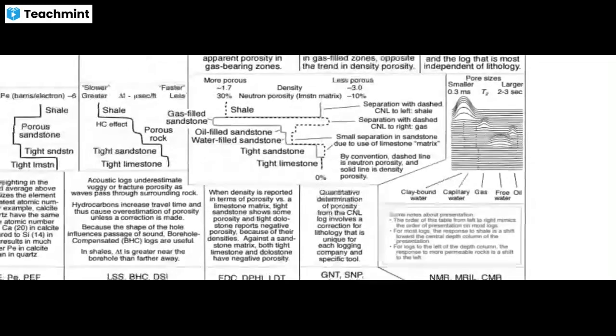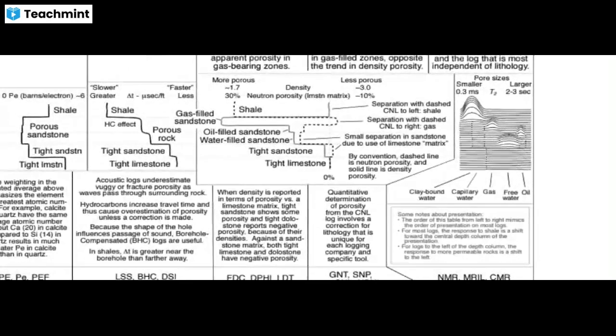More porous, less porous, you can see here. If more porous means showing 1.7, then less porous means 3.0. For oil-filled sandstone and water-filled sandstone, tight sandstone, then tight limestone. So these are the observations which are made.